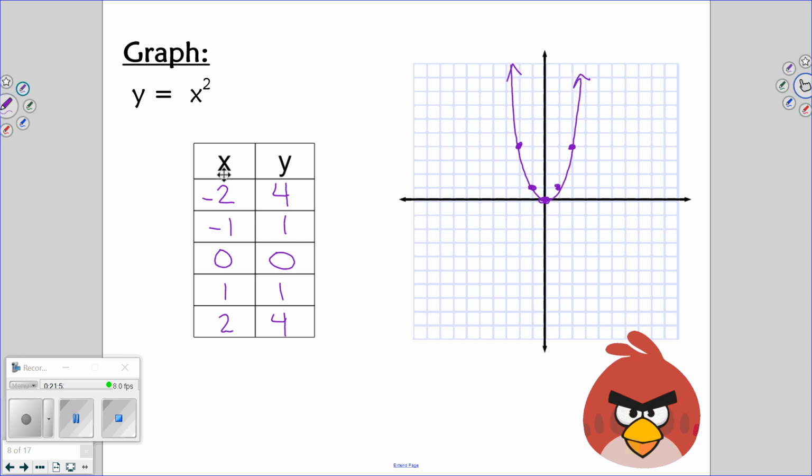Okay? So what do you notice about this graph? What's some words that you would use to describe this graph? It's positive. Has a minimum value. A word that starts with an S. Sorry, first thing that came from my head.